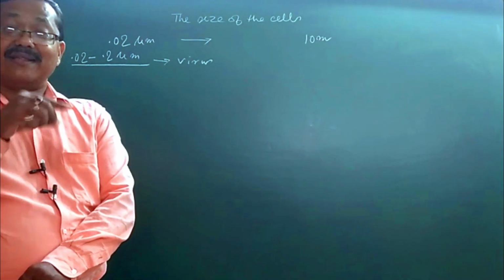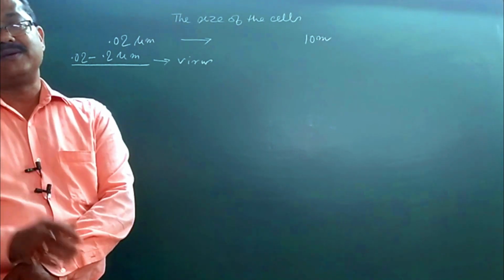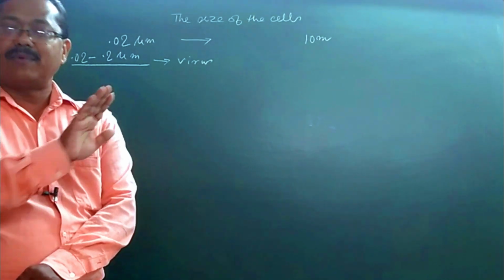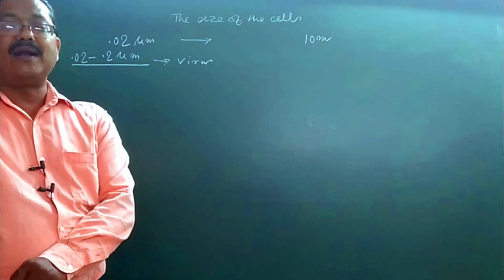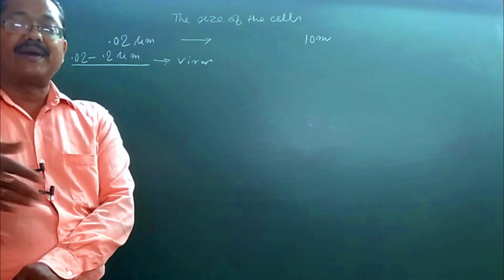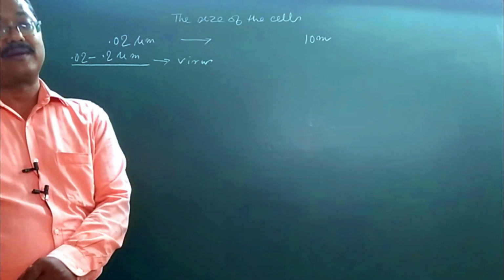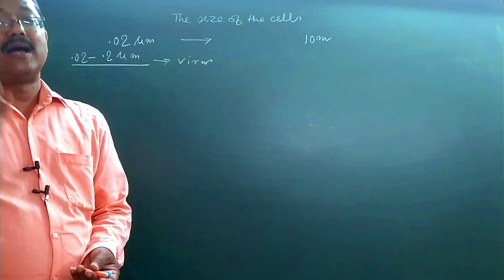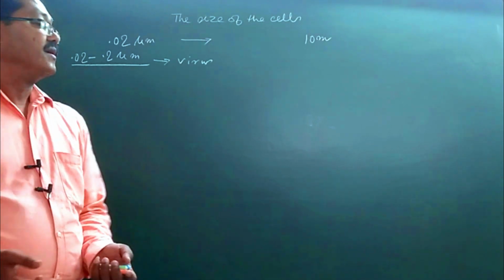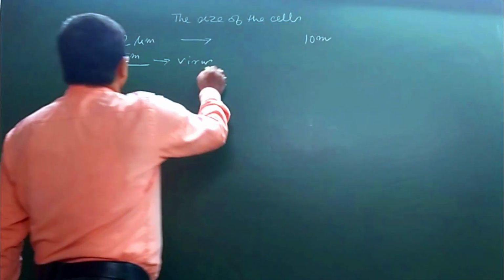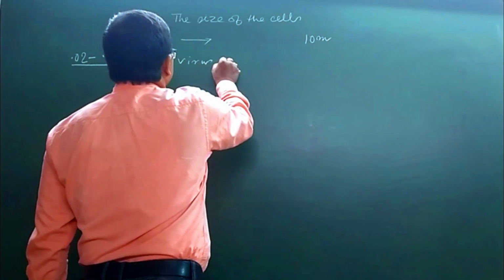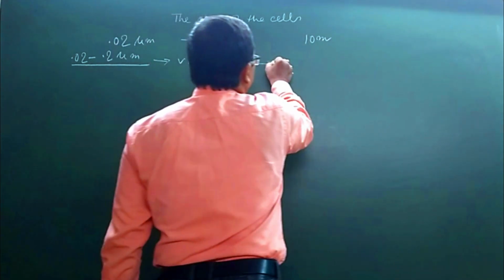In this case, they show living activity. In a normal environment, it has no living activity, but when it enters other living organisms, it replicates, reproduces, and is capable of producing many offspring. These are the virus. Very small size, and these can be seen by electron microscope.